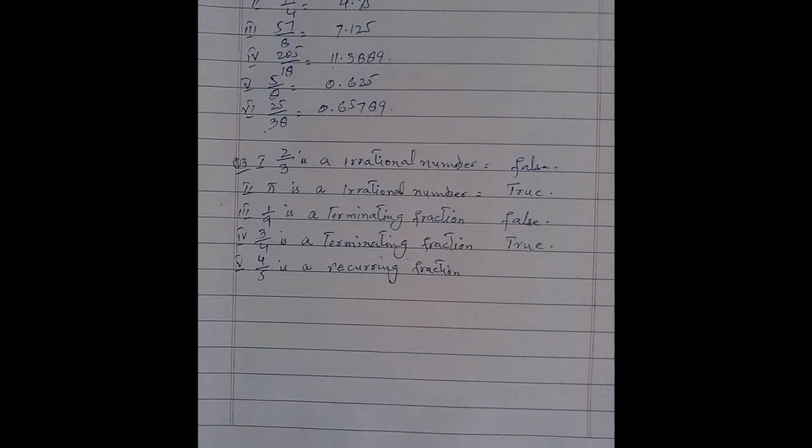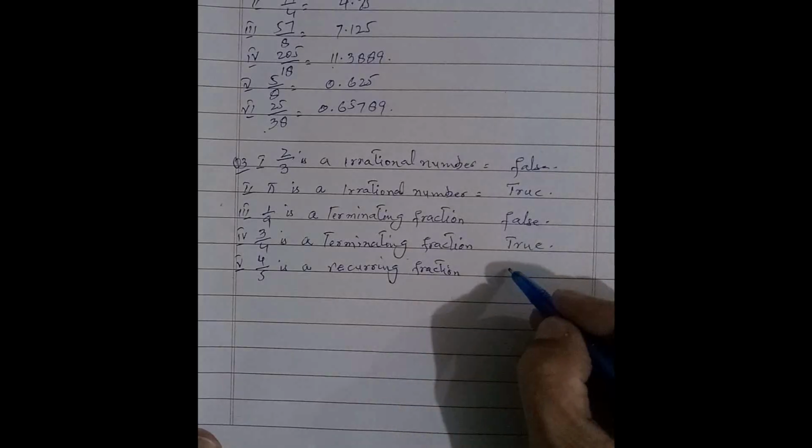Recurring fraction means it is a non-terminating fraction, and the digits of the non-terminating fraction are repeated. And 4 over 5 is a terminating fraction, so it is not recurring. So the statement that 4 over 5 is a recurring fraction is false.